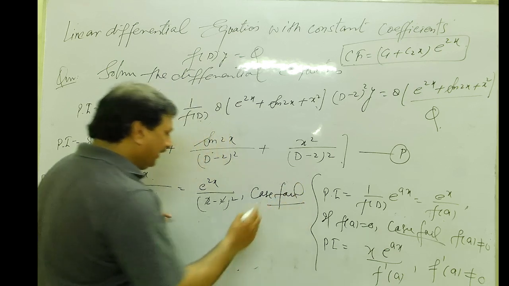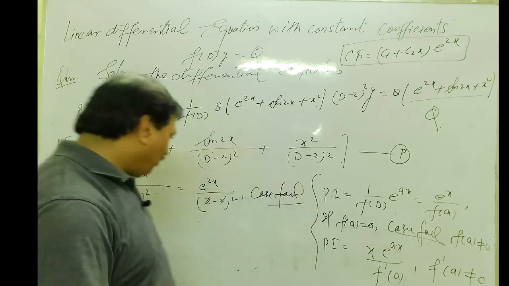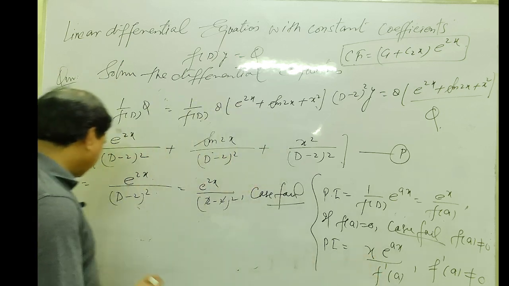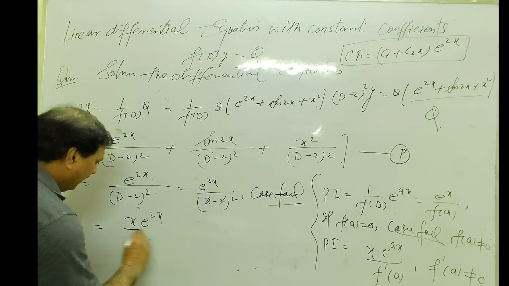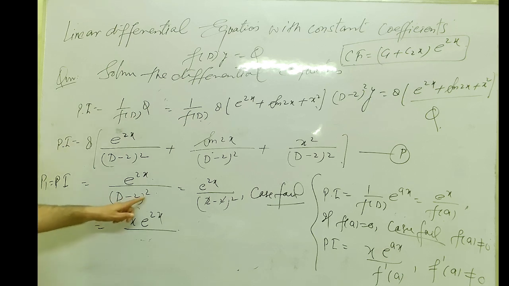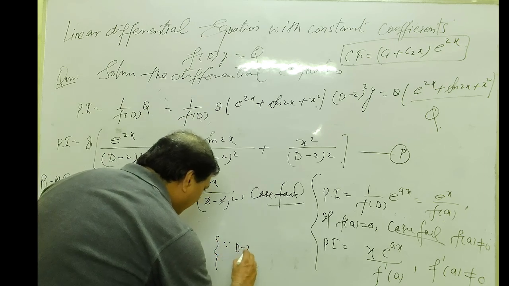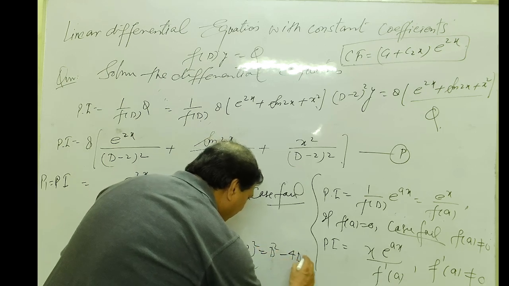My dear student, here the case fails, so apply the rule for f equal to 0: differentiate and multiply by x. That means x times e to the power 2x, and again the derivative. (D minus 2) whole square equals D square minus 4D plus 4.